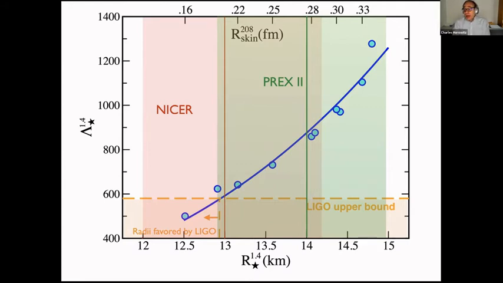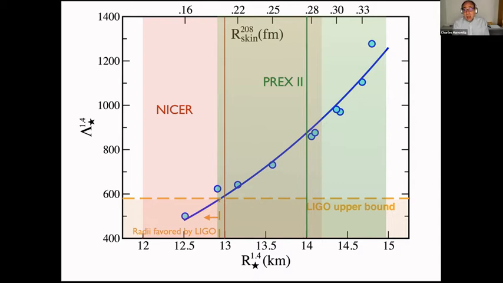There's considerable overlap between PREX and NICER. PREX favors the stiffest equation of state, the highest pressure, but there's considerable overlap, and of course the error bar is significant for PREX. And so what you're testing by comparing these is the density dependence of the equation of state.